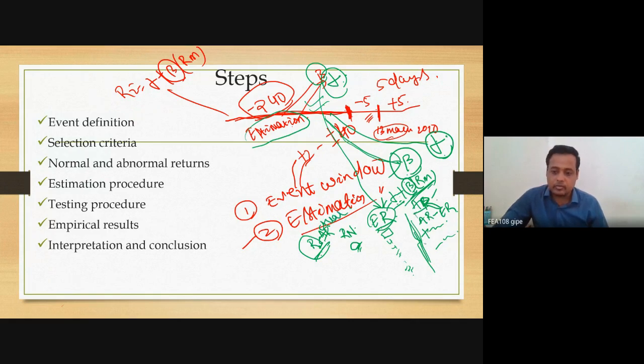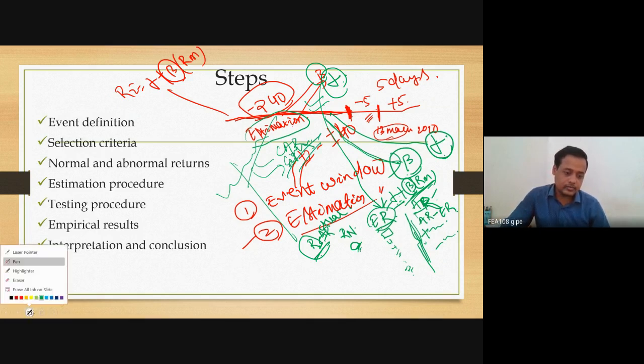Once we get this abnormal return, if you plot it, you will see whether this event has impacted or not. Second, whenever you come out with this abnormal return, you can also come out with cumulative abnormal return, or CAR. Then you can say whether it is significantly impacted or not, by checking its significance level by calculating the T star.